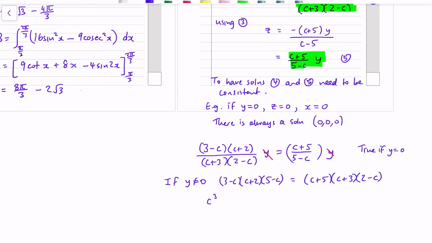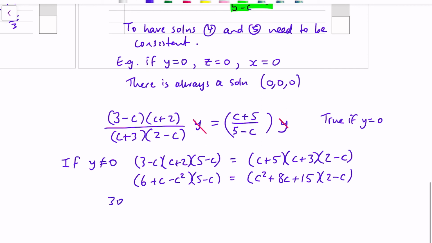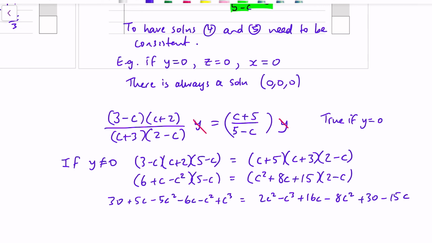It's going to be c cubed. Expand two brackets and then expand a third. Hopefully I've done that all right.